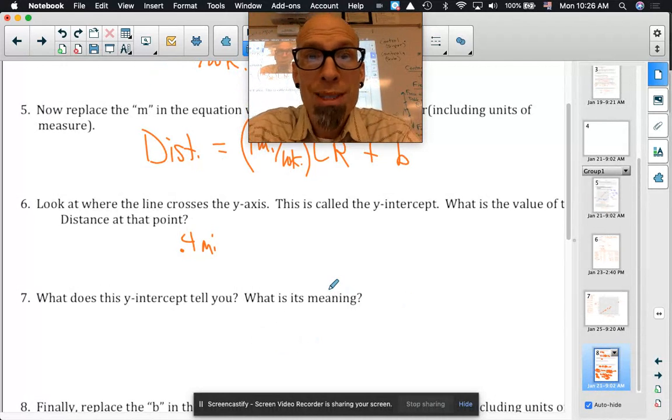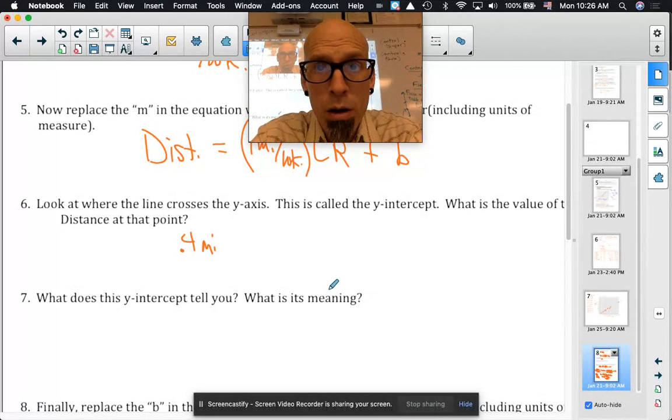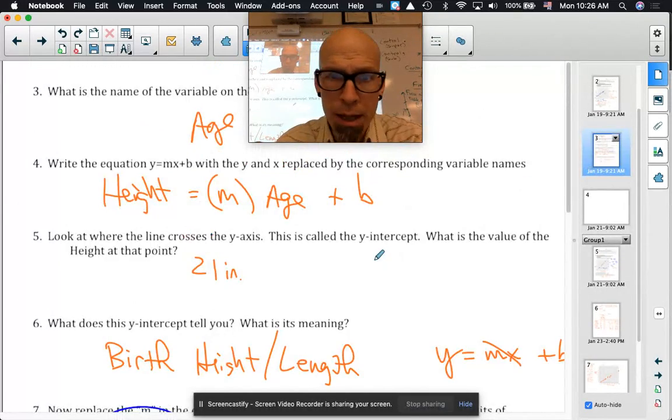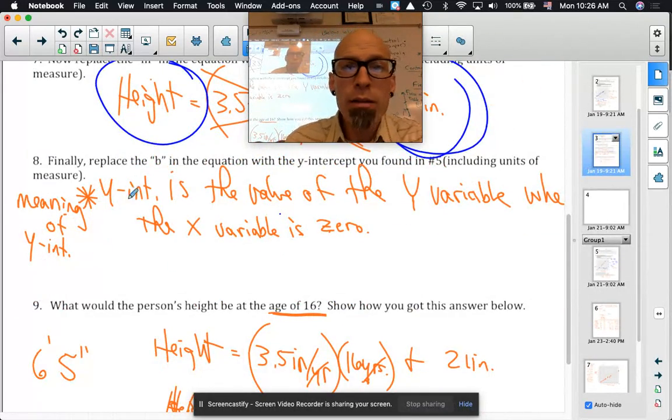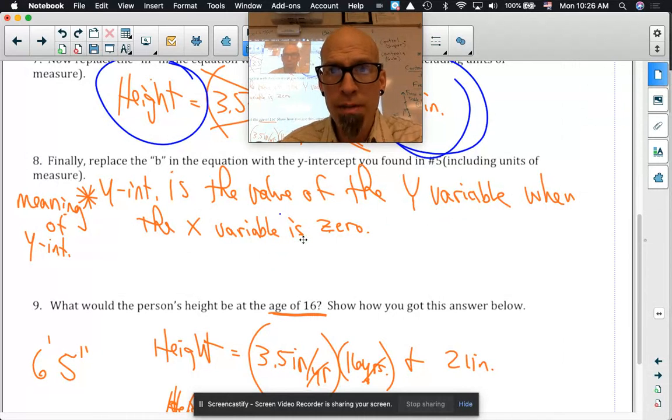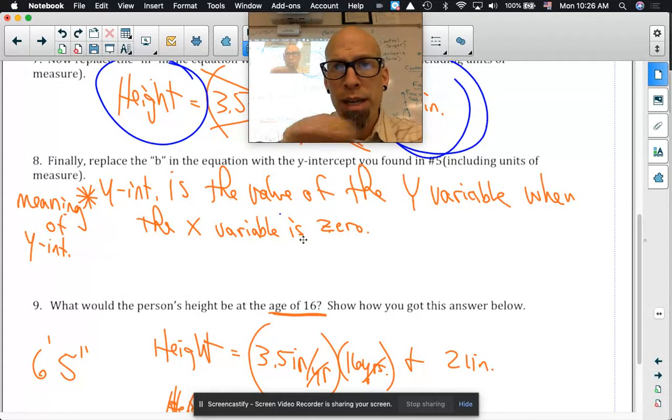Well, I hope you remember the sentence that you were supposed to write down from before. The y-intercept is the value. So if you haven't written this down yet in your comp book, I would write this down somewhere. The meaning of the y-intercept: it is the value of the y variable when the x variable is 0. Value of the y when the x is 0.